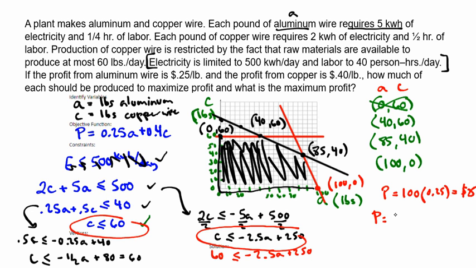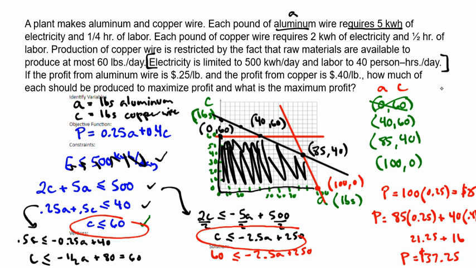The next one, we've got 85 times 0.25 plus copper, 40 times 0.4. That's $16. This is $21.25. And this is $37.25.